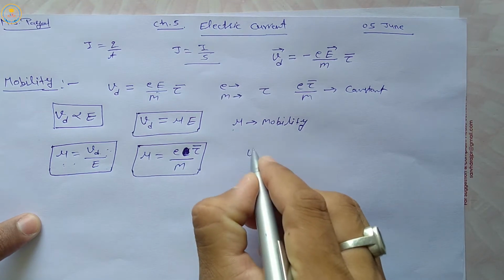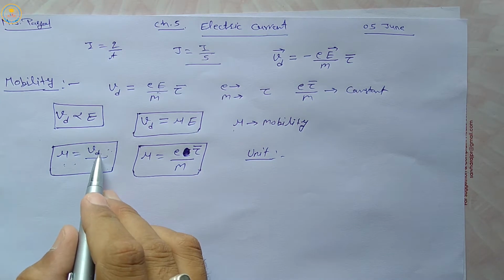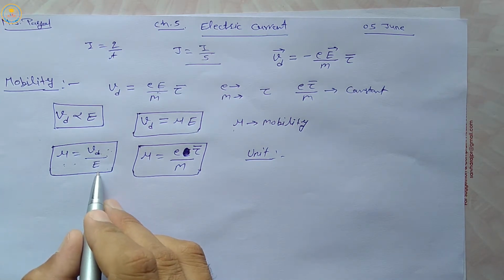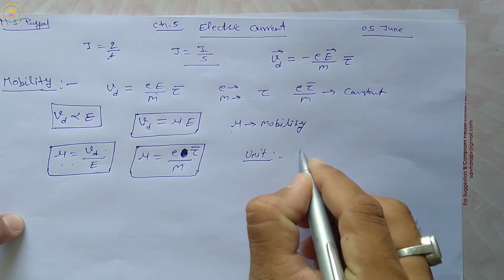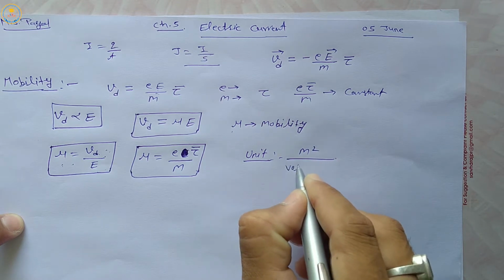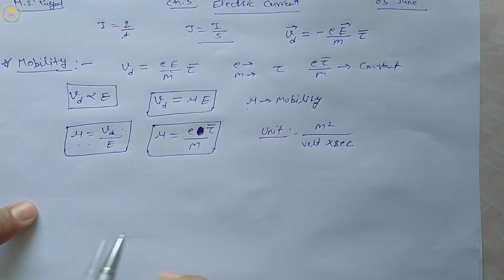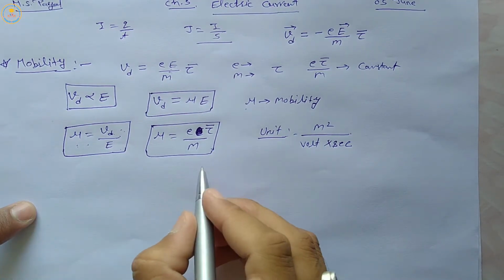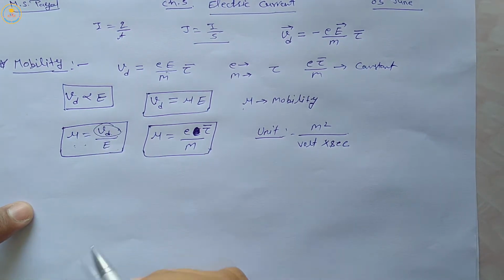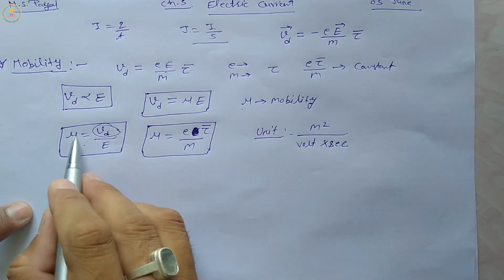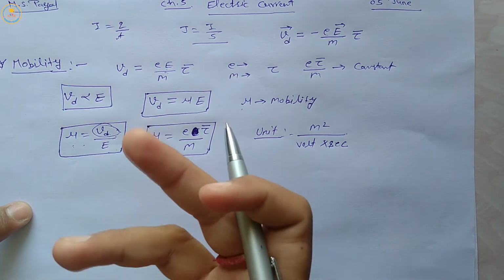Okay, now the unit of mobility. We know that the unit of velocity is meter per second and the unit of electric field is volt per meter. So the resultant unit of mobility is meter square upon volt into second. Here we can say that if the drift velocity is more for a conductor, then the mobility of that conductor is also more.